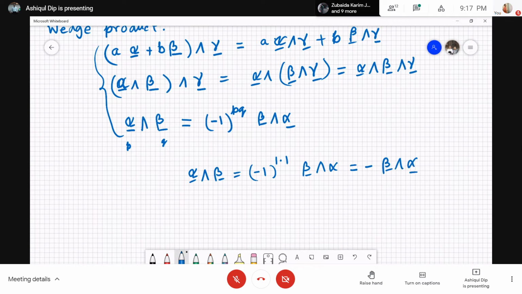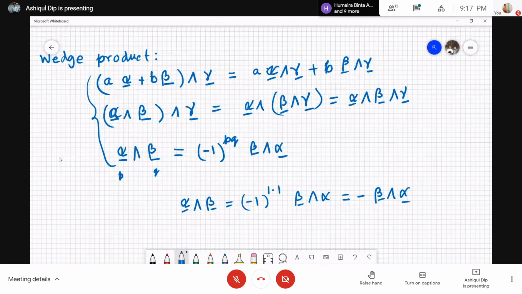And that matches with our original definition, right? Just remember these three things. These are the fundamental defining properties. Now we are defining it formally.